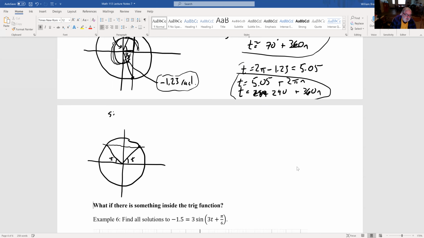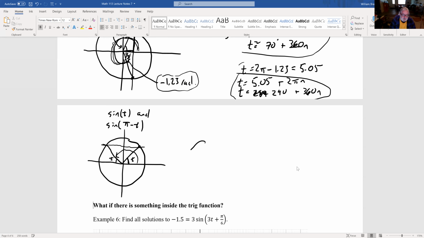So this is sine. Sine of t, which is this angle, and sine of pi minus t, which is this angle, have the same sine. So those are the two solutions you are looking for.